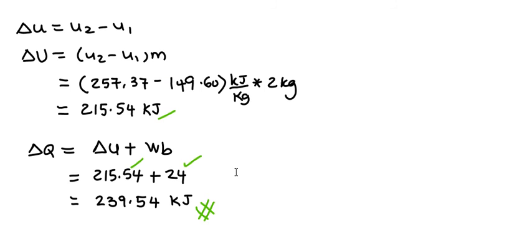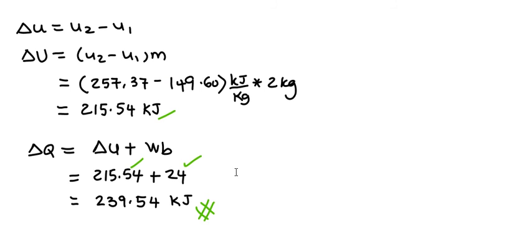Because this is a constant pressure process, boundary work is P times V2 minus V1. P is the constant pressure, which is 200 kilopascal. Volume 2 is 0.24 minus volume 1, 0.12. So you get 24 kilojoule.